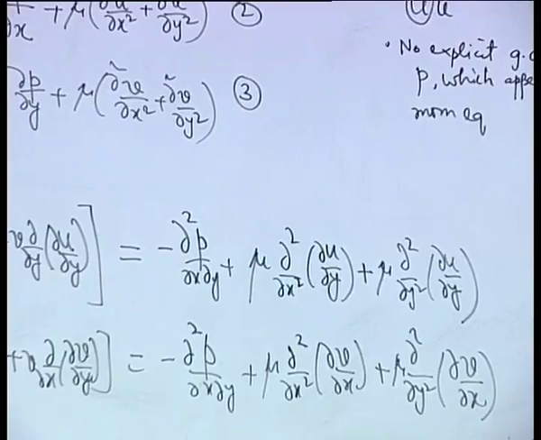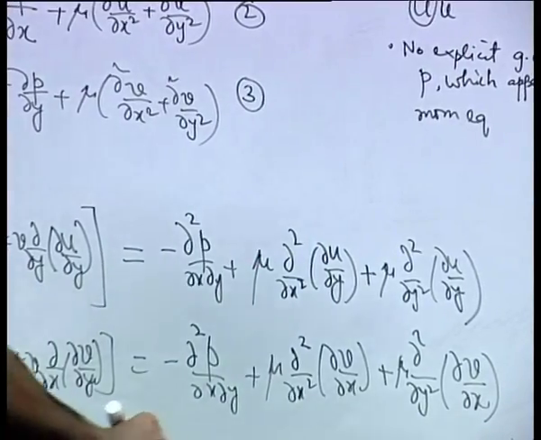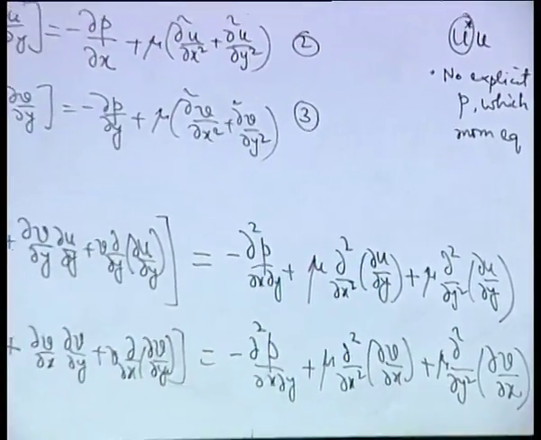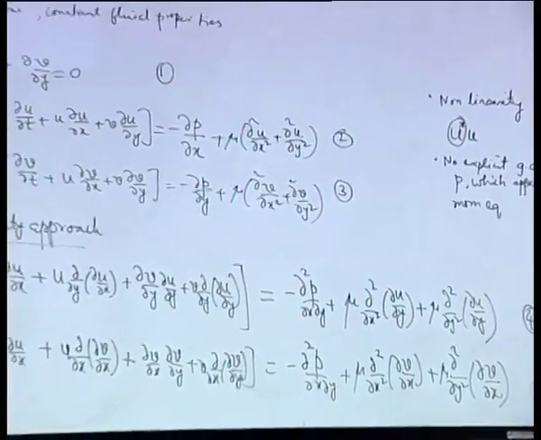So, once we have written these equations, let us give the equation some number, equation 4 and equation 5. Let us subtract these two.